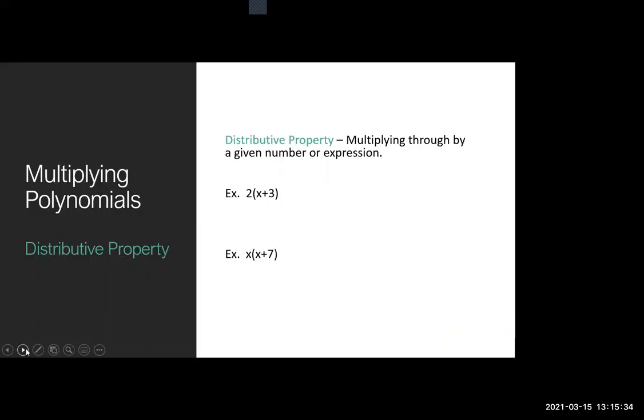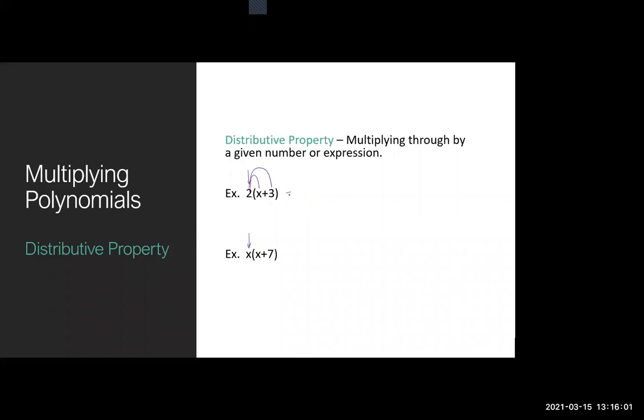All right. I want to finish up today with just a couple of examples of the distributive property. The distributive property is used when you have a number in front of a parentheses, or when you have a term in front of a parentheses, and you distribute that term to both elements in the parentheses. And when I say distribute, you multiply.